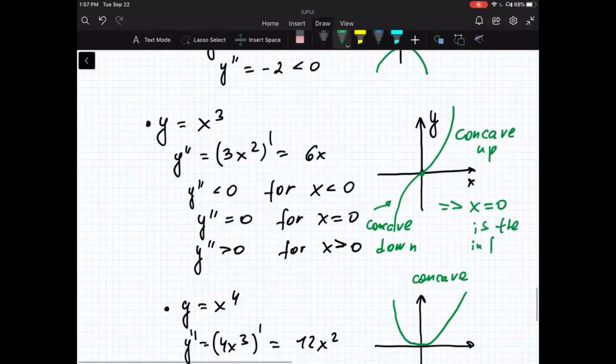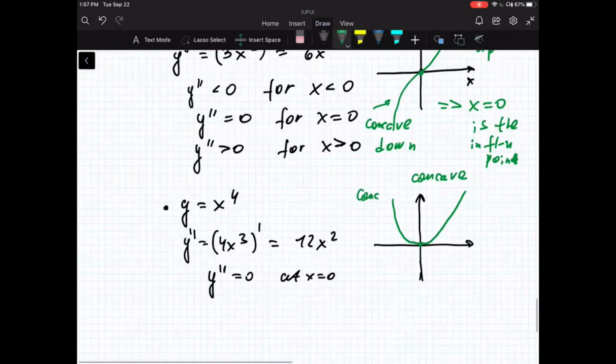While here, it was concave up before 0, and it continued to be concave up after 0. So that means that x equals 0, even though it's a zero of the second derivative, is not an inflection point.